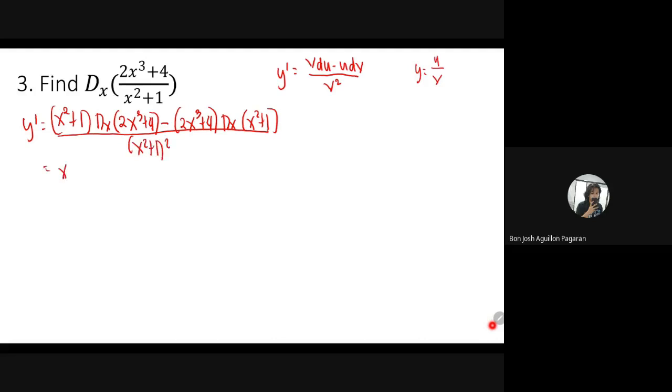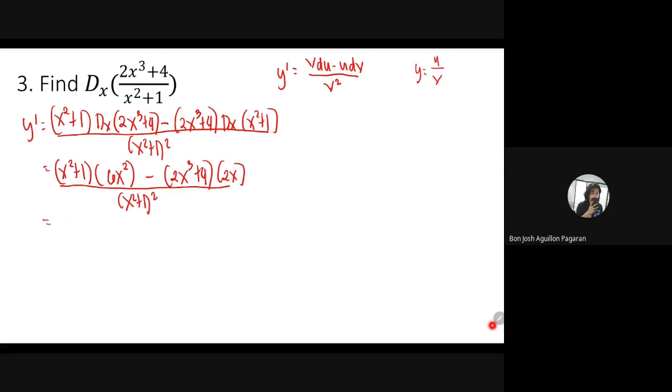So this will be x squared plus 1. The derivative of 2x cubed plus 4 is 6x squared. And then minus 2x cubed plus 4. The derivative of x squared plus 1 is 2x over x squared plus 1 squared.